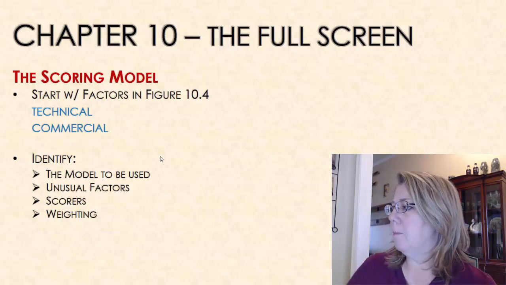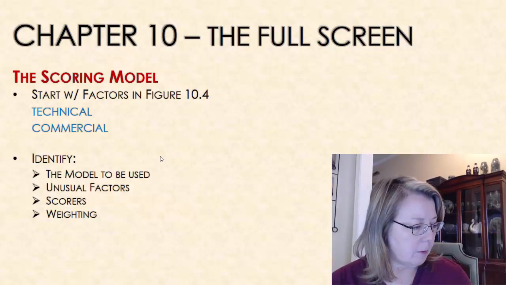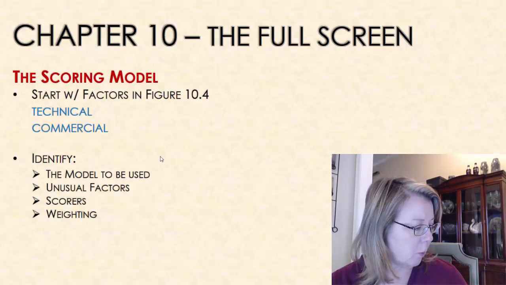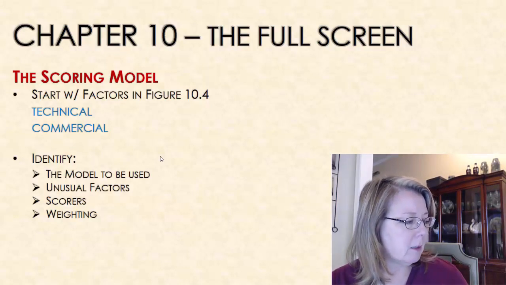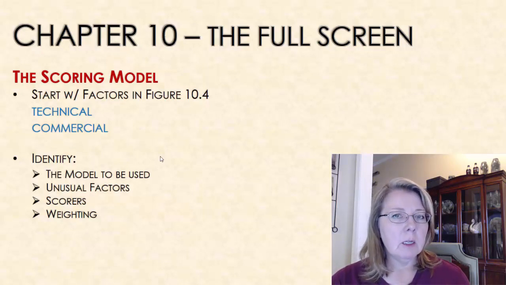So, for example, if I look at this list of factors on Figure 10.4, I might be looking at technical task difficulty and, let's say, market volatility. Each of those two factors is very generic.